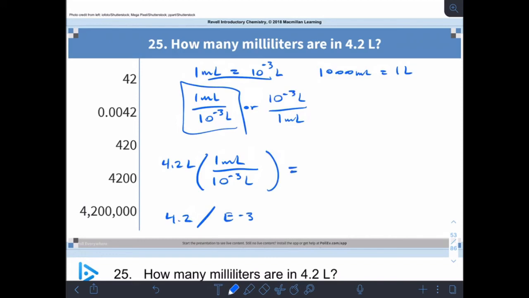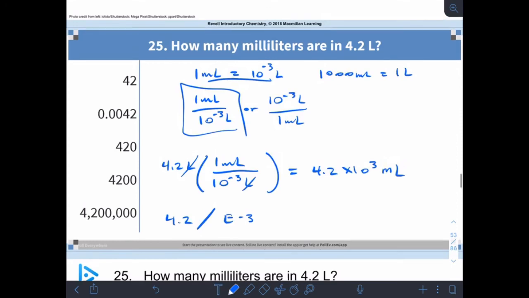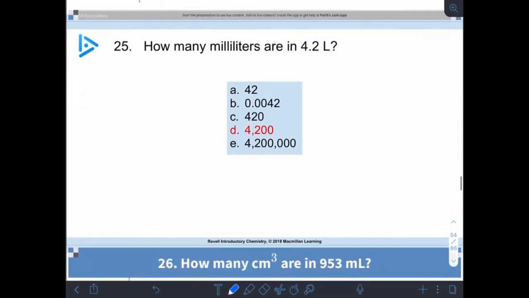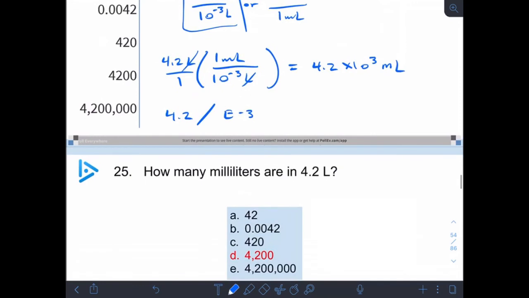So my final answer will be 4.2 times 10 to the 3 milliliters, because liters will cancel liters if they're on opposite sides of the fraction bar. Remembering that this 4.2 liters that we start with is really the same thing as saying 4.2 over 1, so it's on the top of the fraction bar.